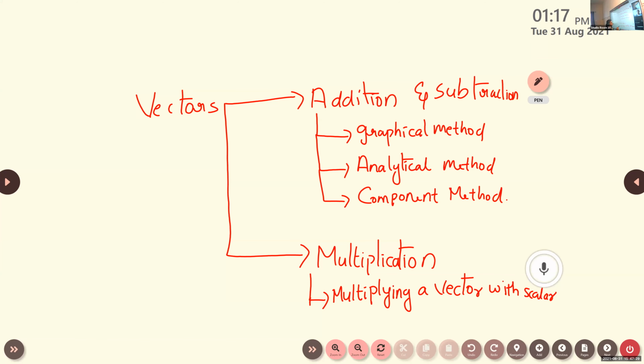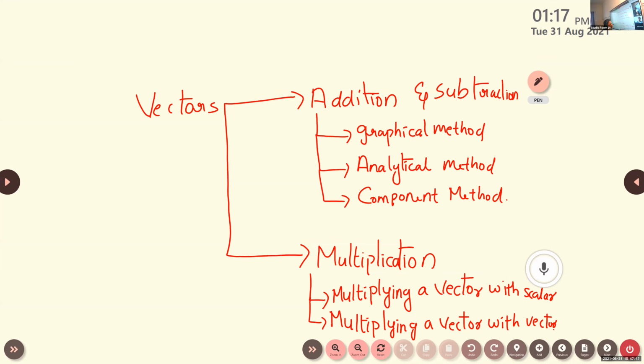And the second one is multiplying a vector with a vector.